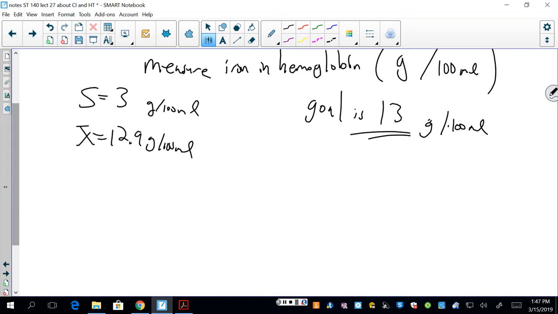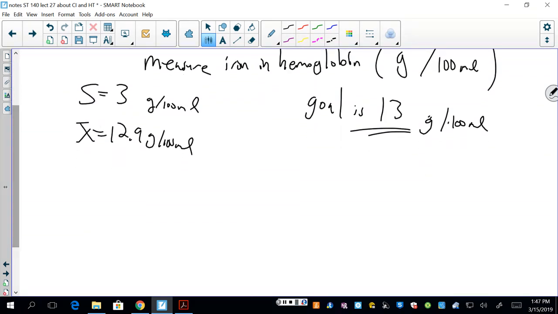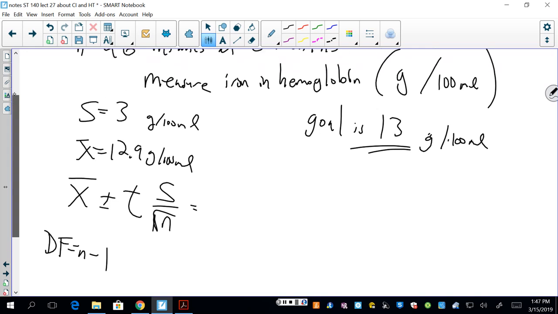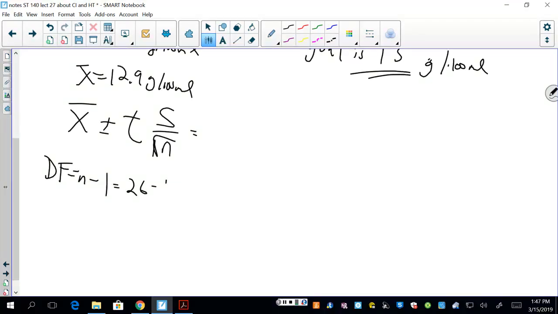So with these quantitative data, our formula for our confidence interval is going to be x bar plus or minus the t, and then the standard error s over the square root of n. So we need degrees of freedom. We need to know which t distribution to use. Right? So it's n minus 1. So it's 26 minus 1 is 25.